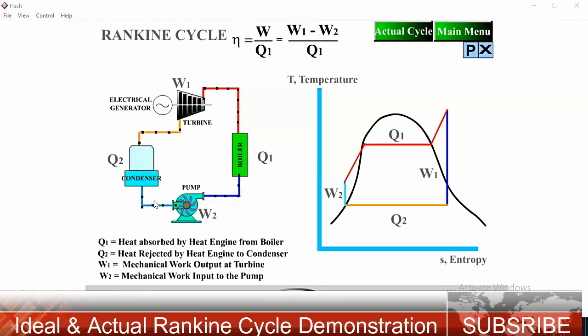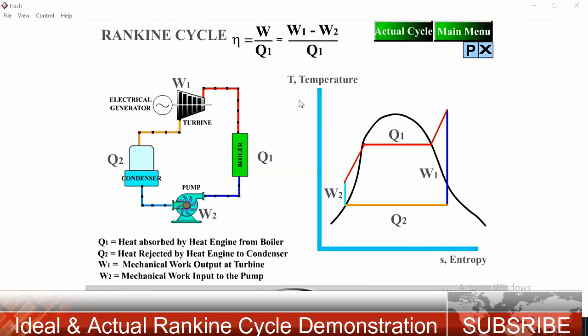W net is W turbine, W1, the work done of the turbine, minus the work done of the pump. So the Rankine ideal efficiency in enthalpy form is (H1 minus H2) minus (H4 minus H3) over (H1 minus H4). The ideal Rankine cycle is one in which all processes are assumed to be reversible, not irreversible.